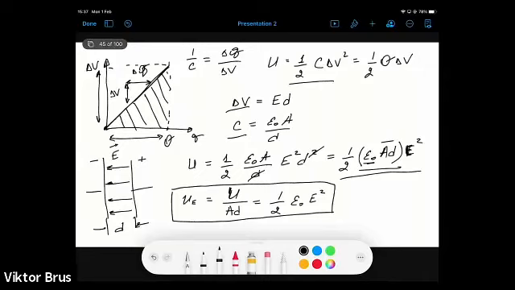So now we are not attached to a certain geometry.